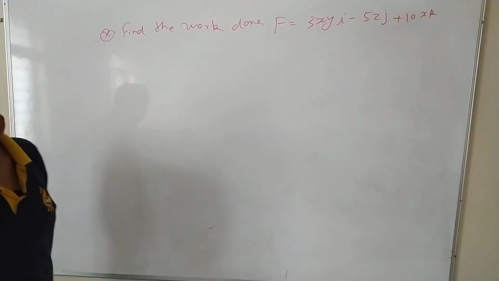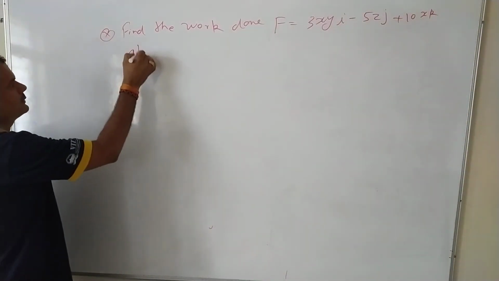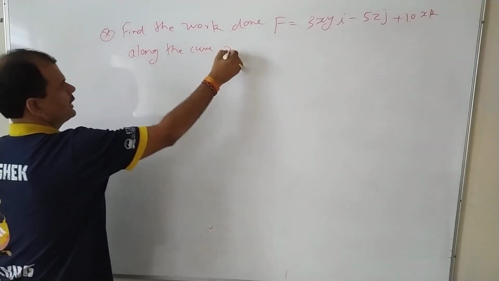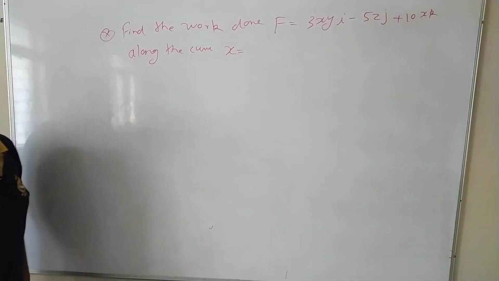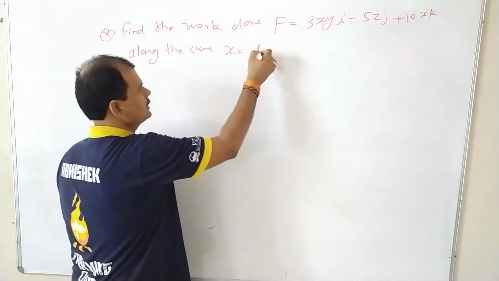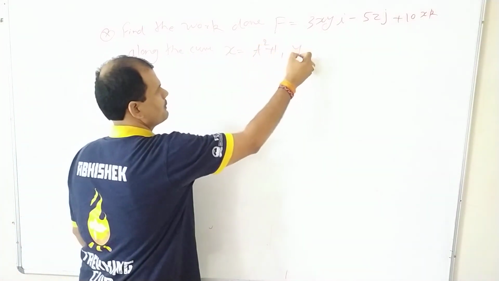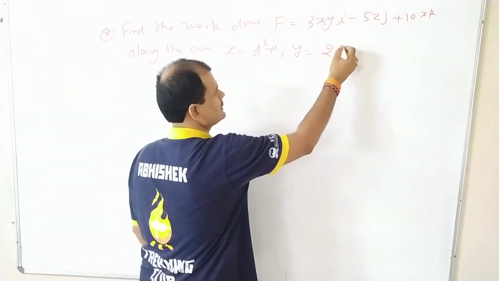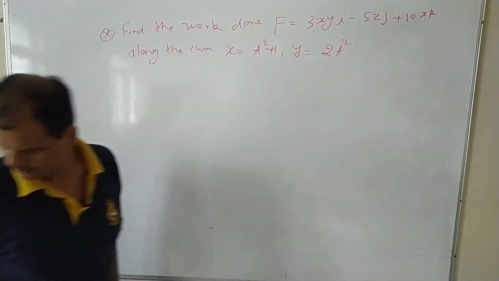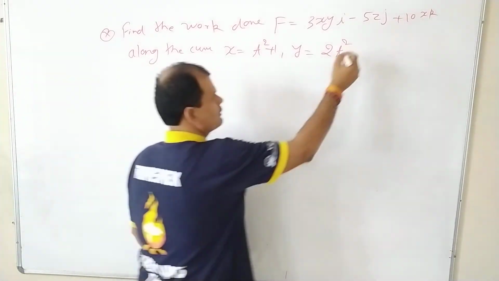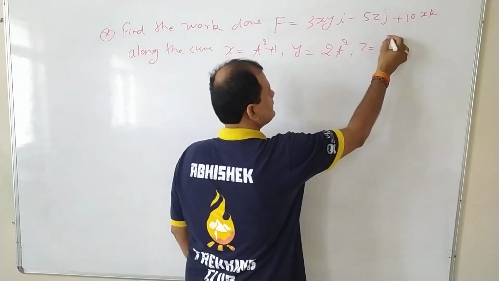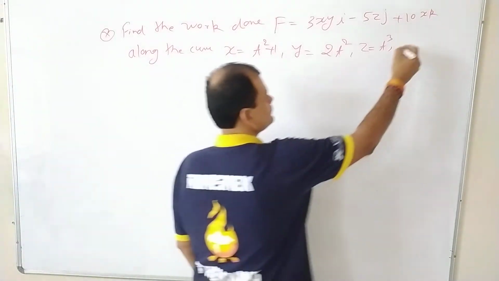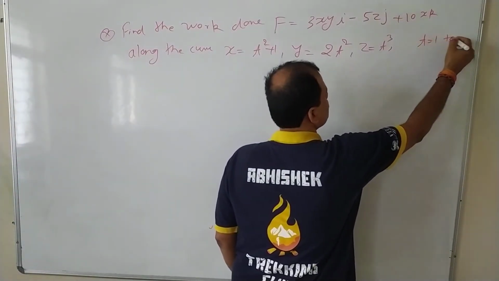Force vector is given along the curve, parametric equation is given of the curve: x equal to t square plus 1, y equal to 2t square, z equal to t cube, from t equal to 1 to 2.